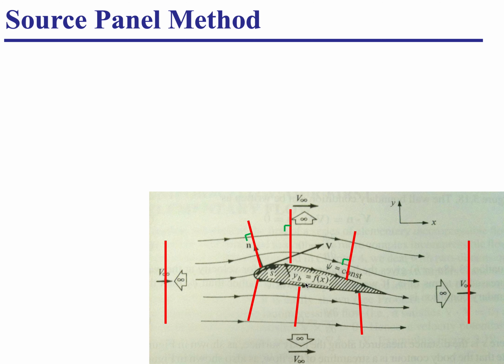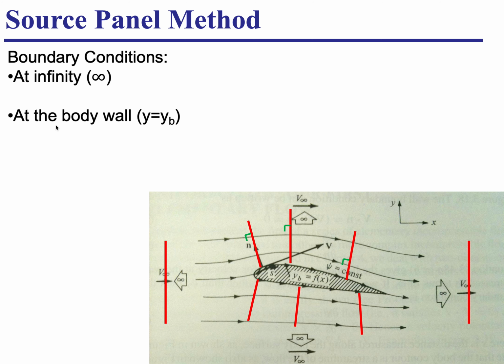And that boundary condition tells us that the surface of the airfoil is a streamline. So once it's a streamline, by definition it does not have any velocity perpendicular to the streamline. So that's the n unit vector, the normal to the surface of the airfoil, and the velocity along the normal has to be 0.